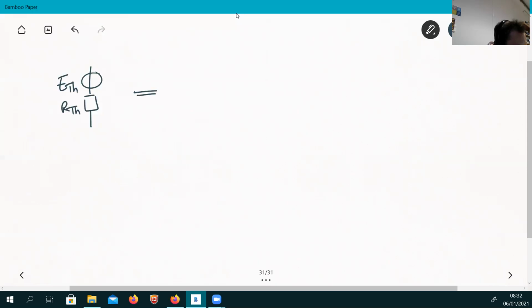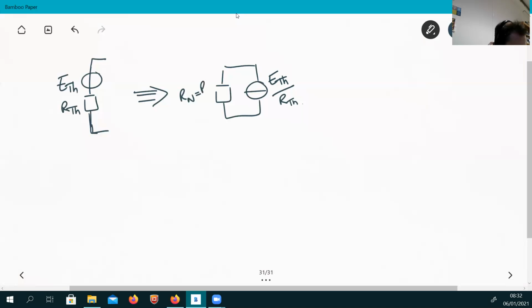And you can, from this model, go directly to a Norton model, which is like this.